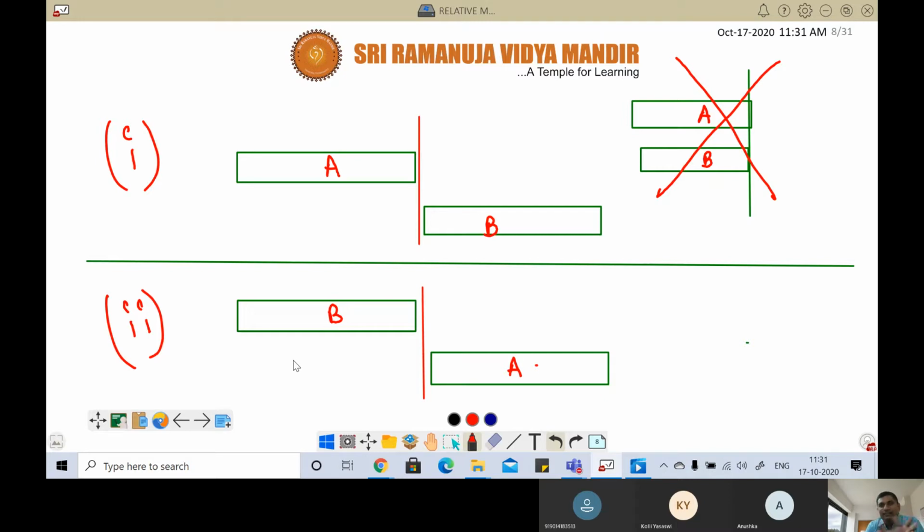They did not say that A train is behind or B train is behind. They just told that both trains are in the same direction. Now they're asking how much time it takes to cross. So are both options possible, first of all, to begin with? Anybody?